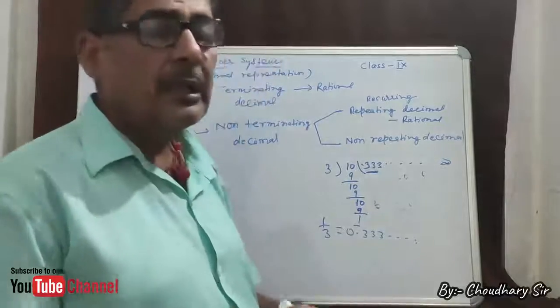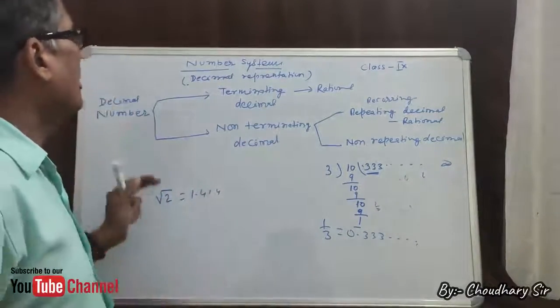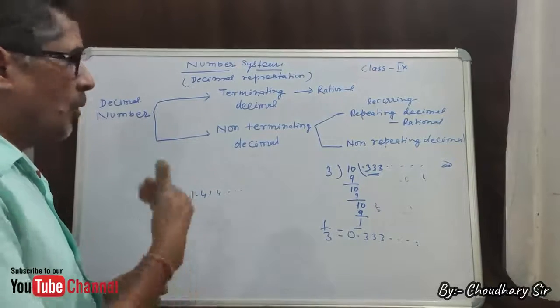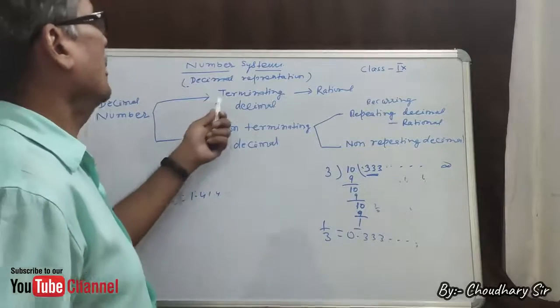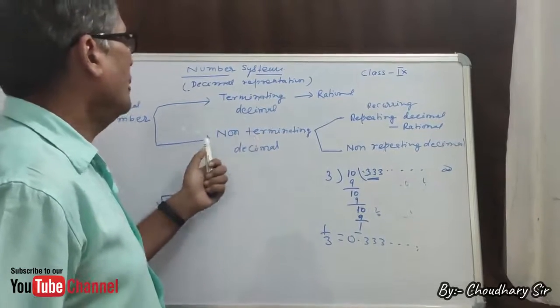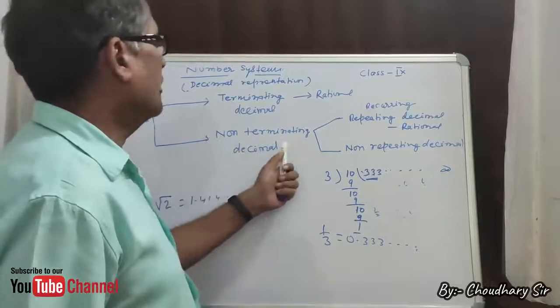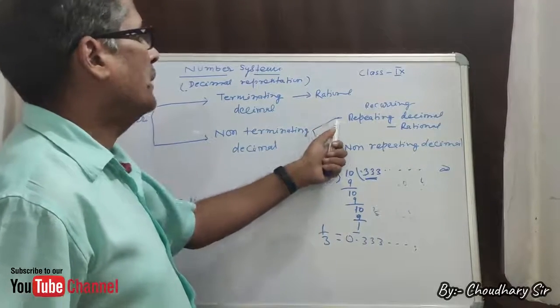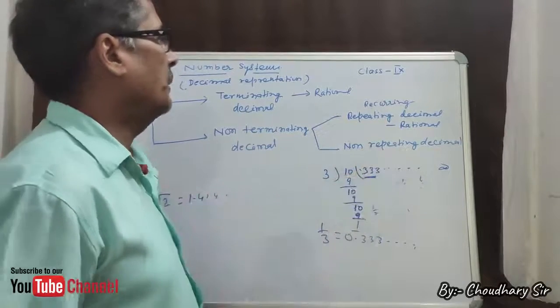So any number can be written in decimal form, either as a terminating decimal or a non-terminating decimal. A non-terminating decimal is also of two types, repeating decimal and non-repeating decimal.